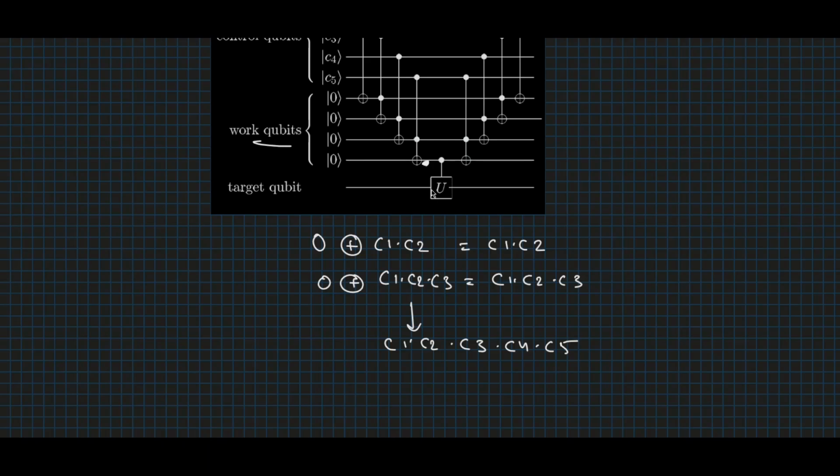And the unitary operator will only operate on the target qubit if the value of this state, which is our C1, C2, C3, C4, C5, is equal to 1. Otherwise, it will be left alone. And then we reverse the steps such that this state, which is our C1, C2, C3, C4, C5, is XORed with C5, and this state, which is our work qubit, has the value C1, C2, C3, C4 and C5, as you can see from here.